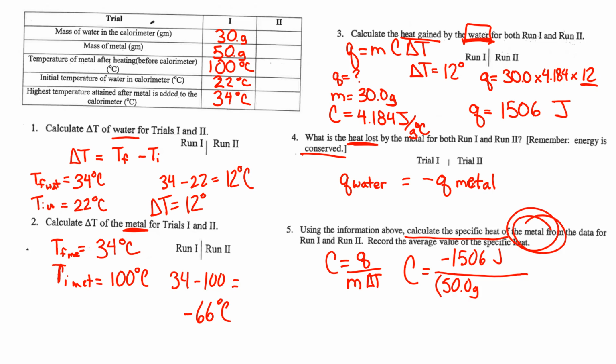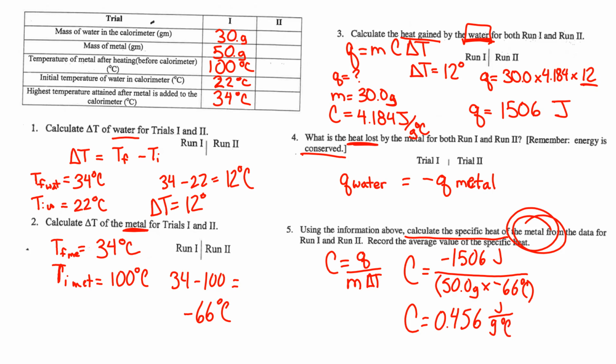All right. And then my delta T is whatever I got for delta T for water. So I ended up with negative 66 for my delta T for water because that was my temperature change. So I'm going to put negative 66 degrees Celsius. And so when I do this calculation, I end up with a specific heat of 0.456 joules per gram degree Celsius.